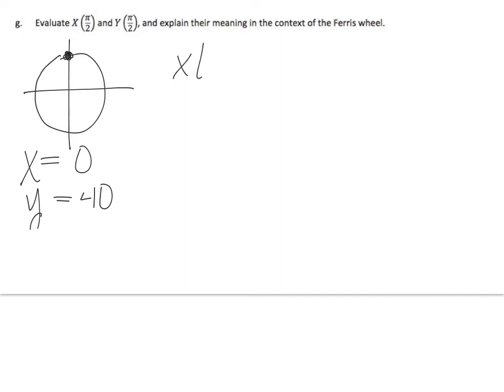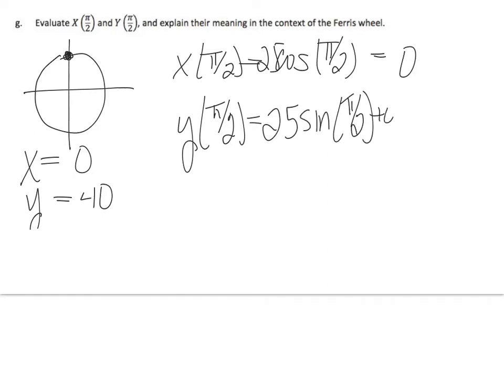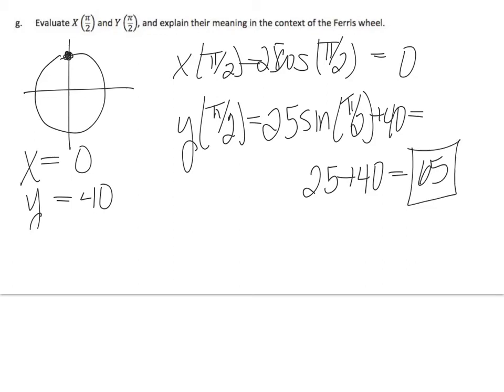So x evaluated at pi over 2 is 25 cosine pi over 2, which is 0. And then y of pi over 2 is 25 sine pi over 2 plus 40, which will give me 25 plus 40, which is 65. So that's my distance here.